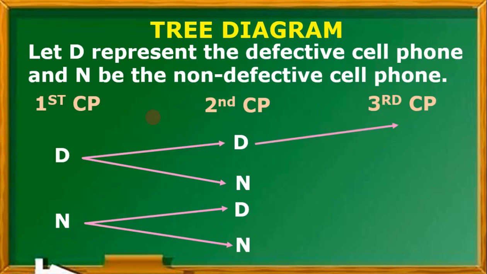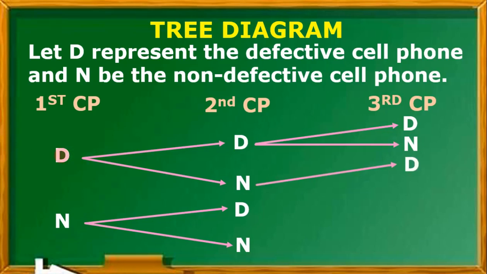For the third cell phone, given a D on the first and another D on the second, a possible one is a D on the third cell phone. Another is, given the first and the second cell phones are defective, the third cell phone could be non-defective, and so on. So this process continues.